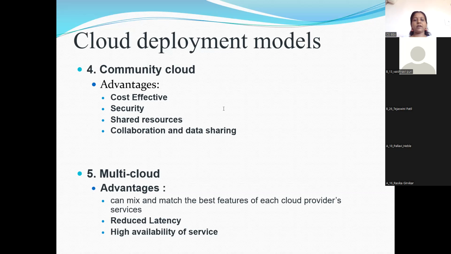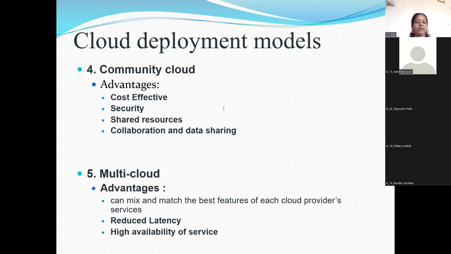The advantages provided here are that you can mix and match the best features of each cloud provider's service to suit the demands of your apps, workloads, and business by choosing different cloud providers. Then reduce the latency. That means to reduce the latency and improve user experience, you can choose cloud regions and zones that are close to your clients.